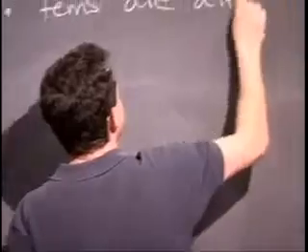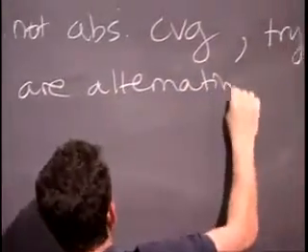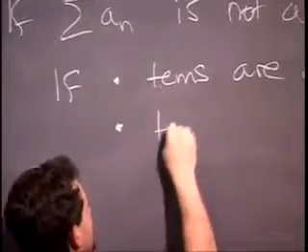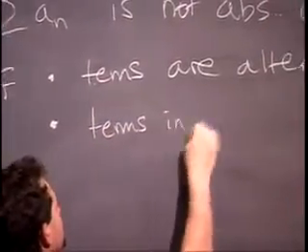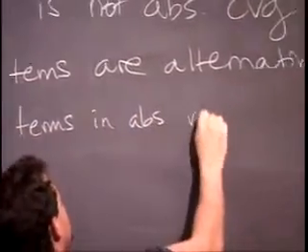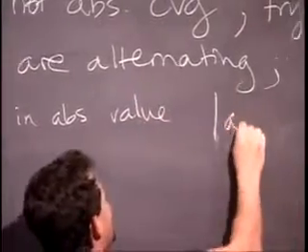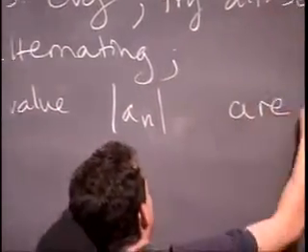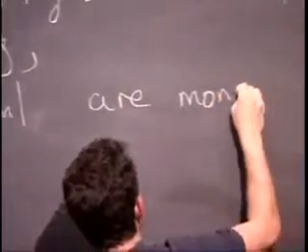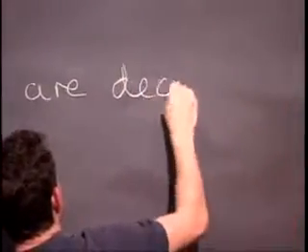Let's write that down. Here's what the test says. If terms are alternating, and the terms in absolute value, i.e. an, are monotonically decreasing. Let's just say decreasing. I haven't talked about monotonically.